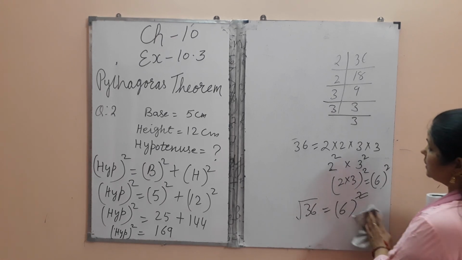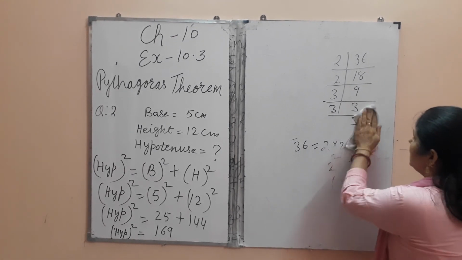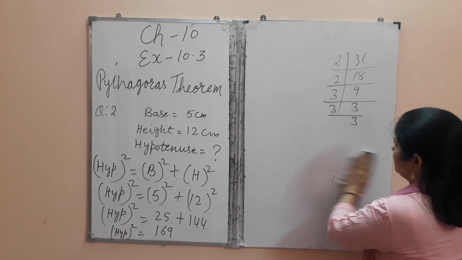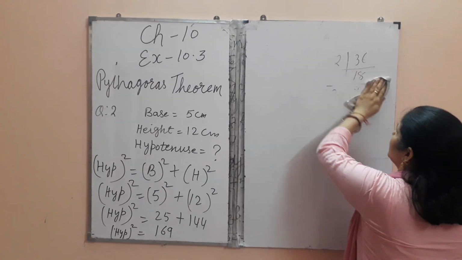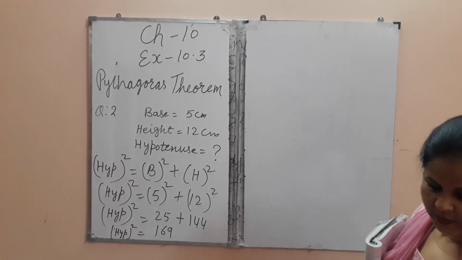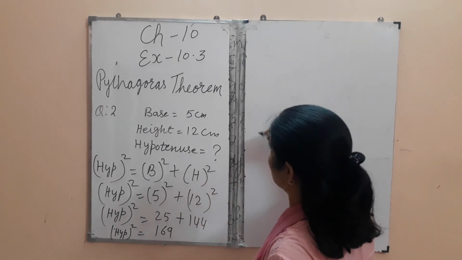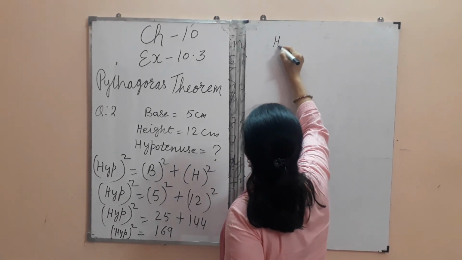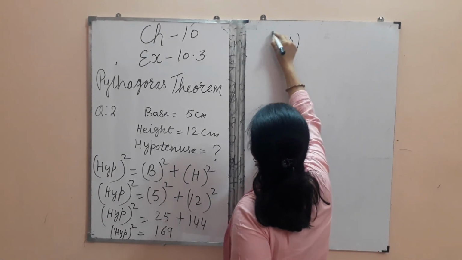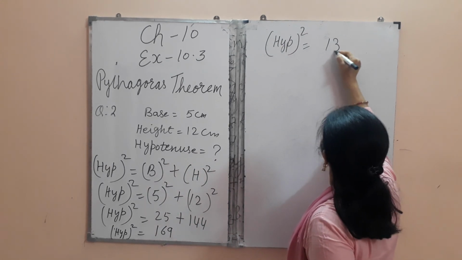Otherwise you can learn the squares up till 20. Maximum till 20 in your questions will be there. Understood? So 169 is the square of 13. So hypotenuse square is equal to 13 square.